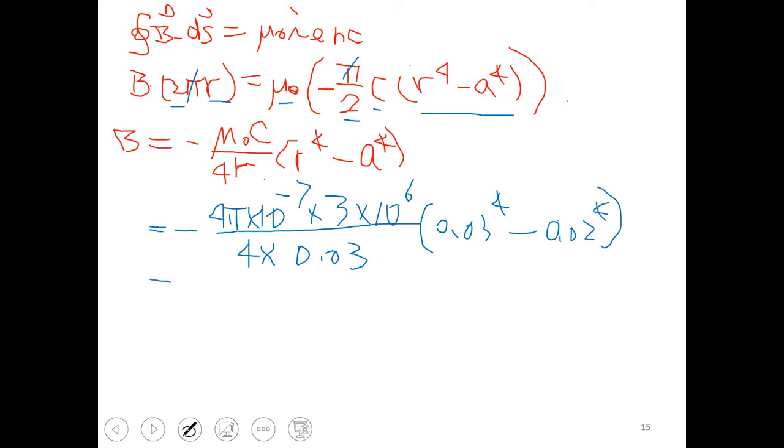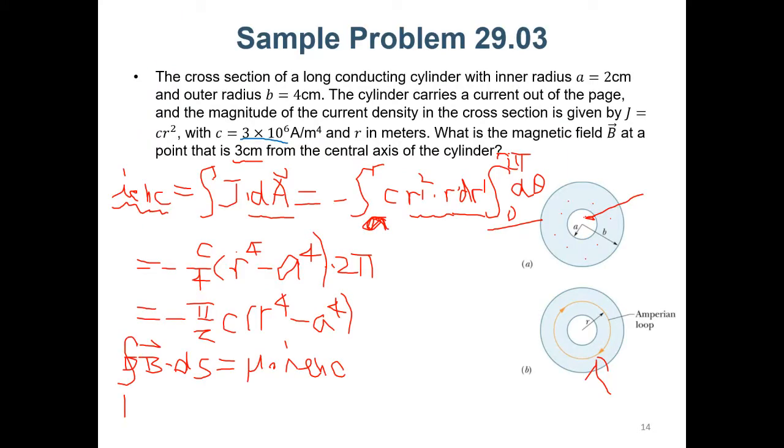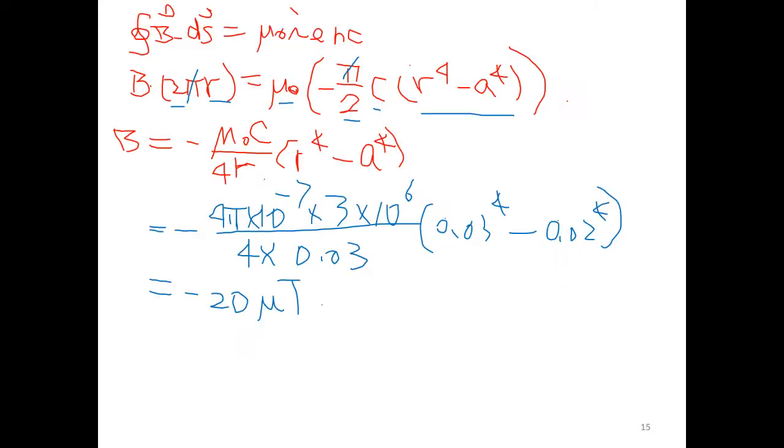So finally, it is minus 20 microtesla. And the direction for this is counterclockwise, because the Ampere loop is clockwise, and B is negative, so B is counterclockwise.